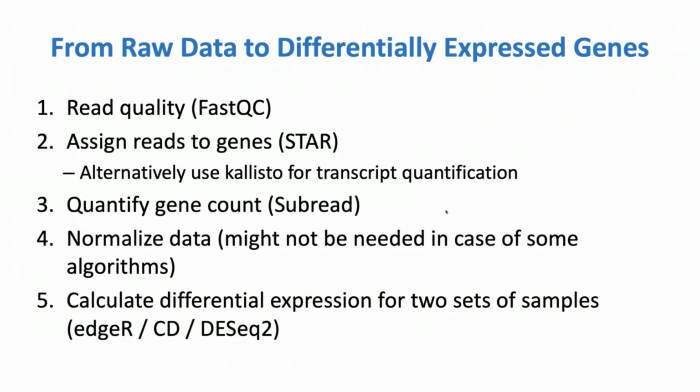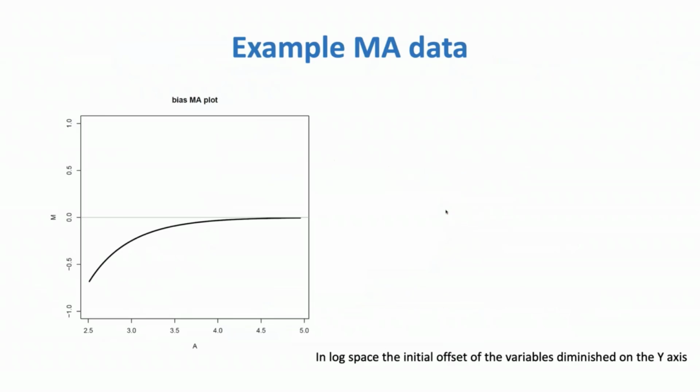And that really depends on the differential gene expression algorithm you want to use, as some don't want you to normalize anything because they do everything internally. But for example, if you want to do something like correlation between genes, then normalization is important. Because if I just jump back real quick.